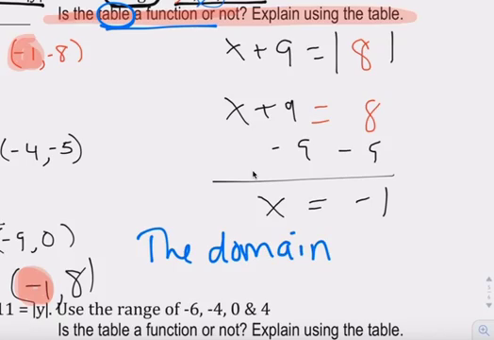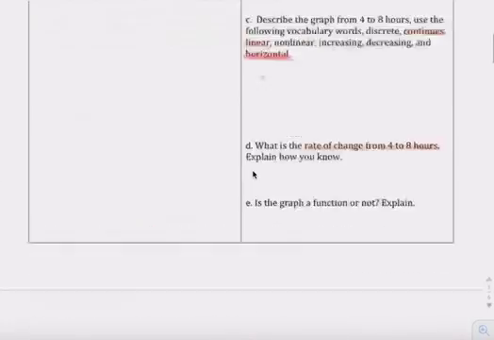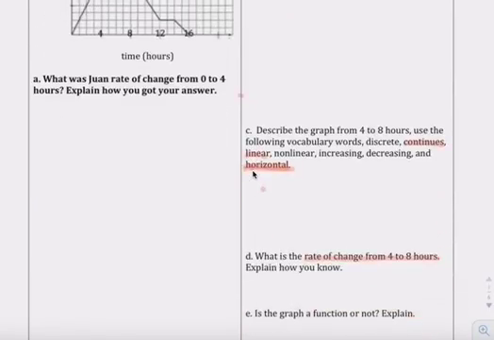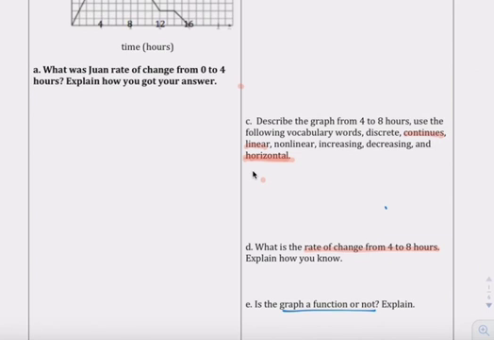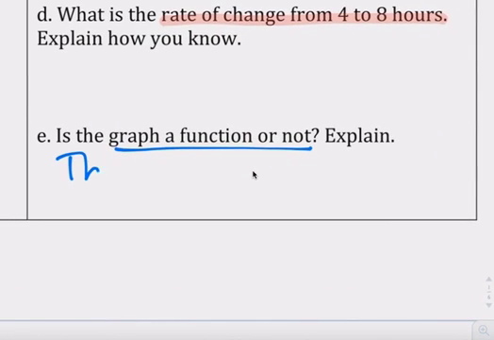This is not a graph. In this case up here, because they're asking, is this graph a function or not, then you use the vertical line. This graph is a function.